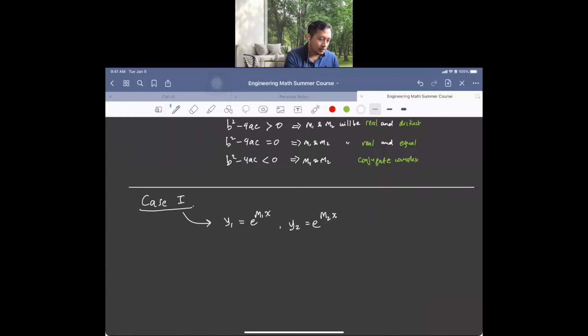Because this is case one, these functions are linearly independent on all intervals.